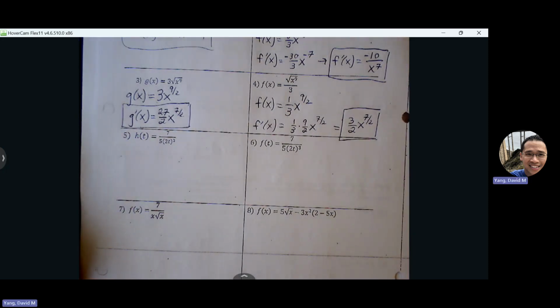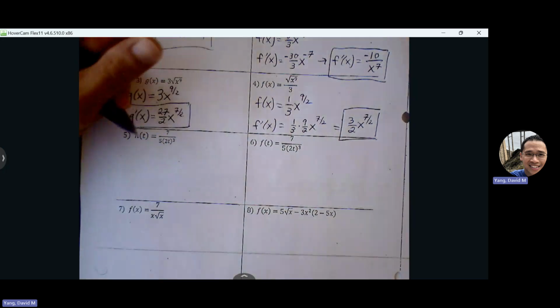So number 5, we have to expand the parentheses out and move the exponents to the right place. So try number 5.